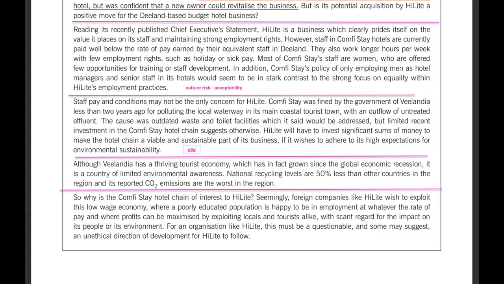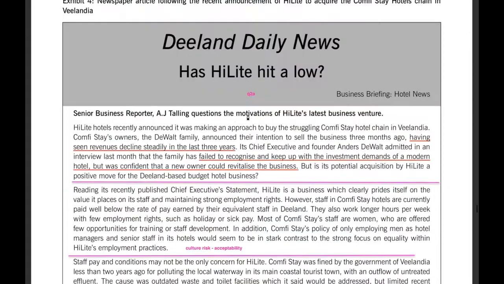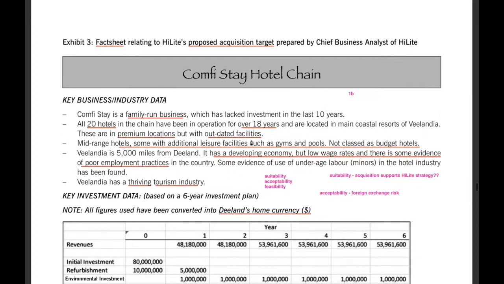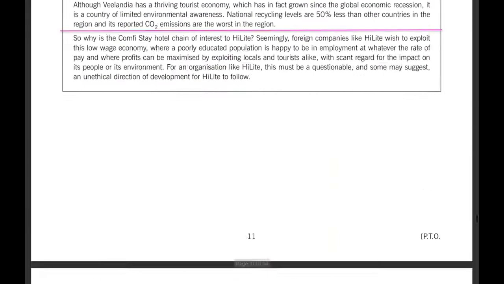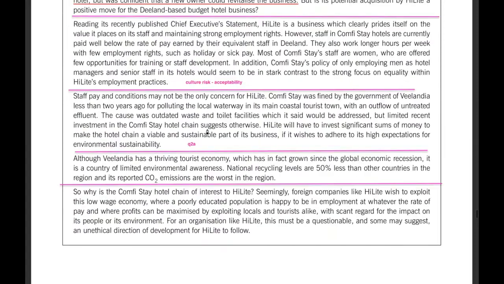So Q2A, and then you can also use the one that you had just now from this question. Outdated facilities, remember, who actually contribute to this particular pollution, which is actually related.